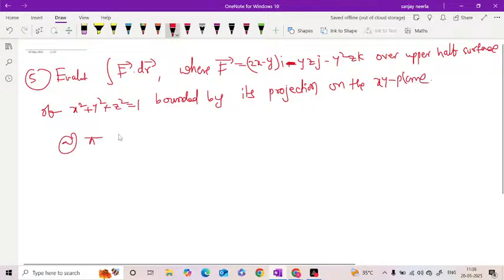Option A pi, option B 2 and option C 4 and option D 2 pi.